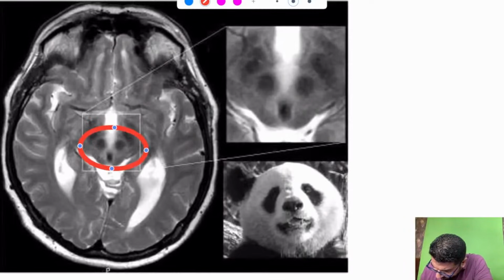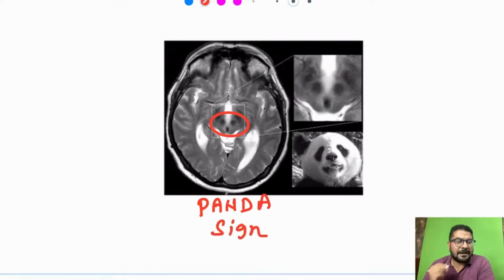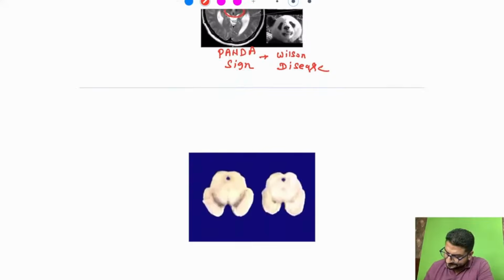We call this the panda sign. Now, I told you about the panda sign in the gallium scan also. So where do you find the panda sign in a gallium scan? Sarcoidosis. And the panda sign in MRI you will see in a patient of what? Wilson disease. So a Wilson disease patient can also develop secondary Parkinson. Right. So this is about your panda sign.